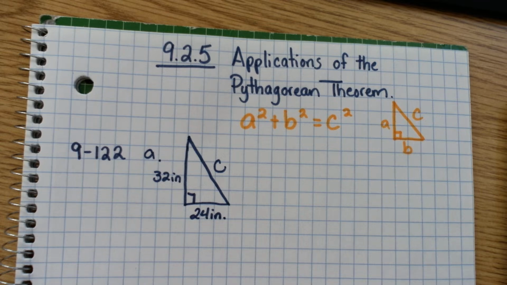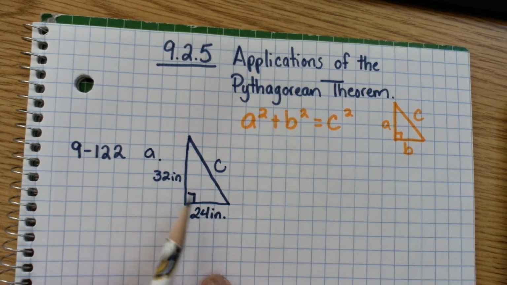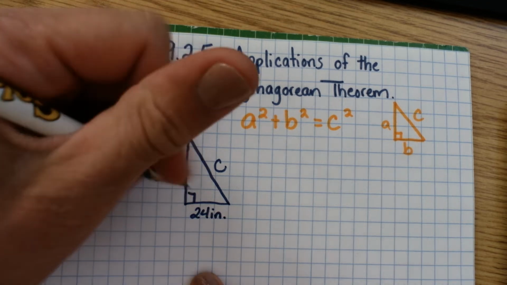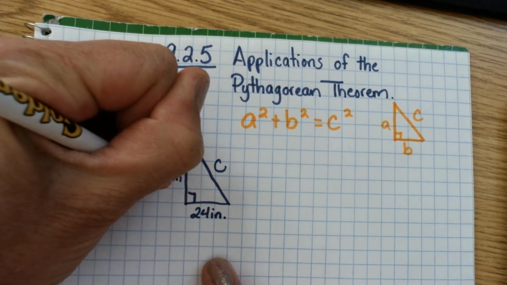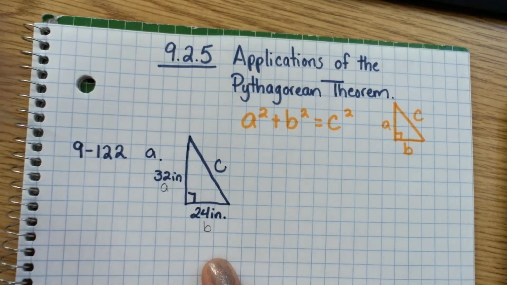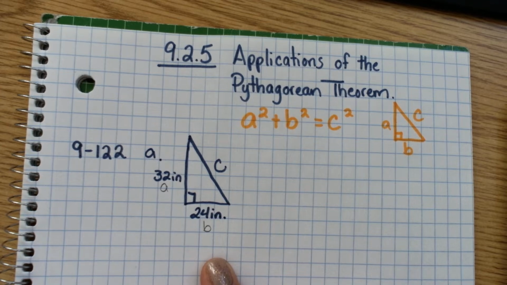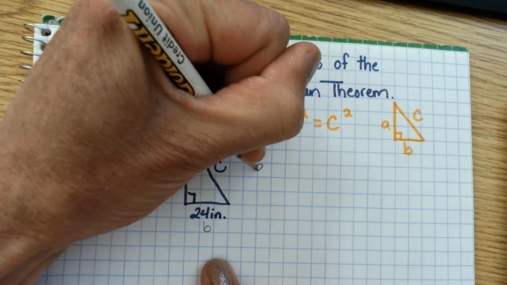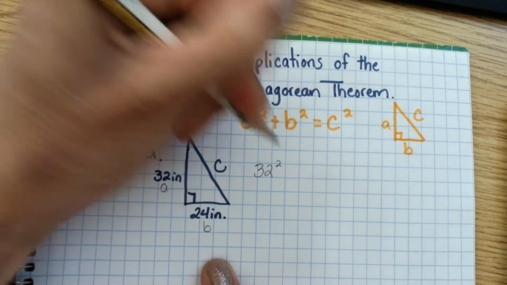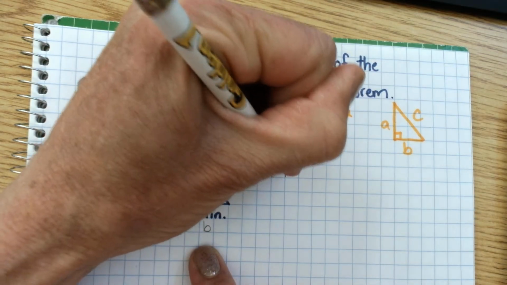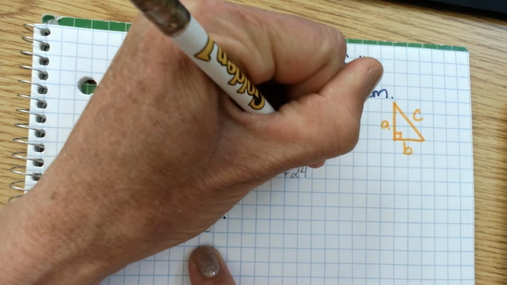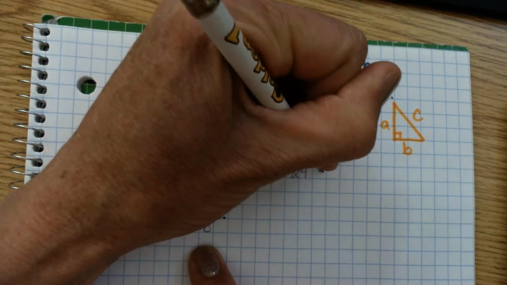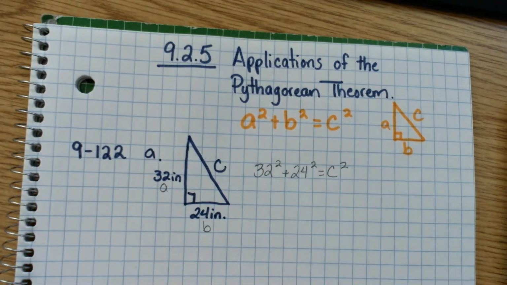All right, let's plug our numbers in to the Pythagorean theorem. The legs, which are the two shorter sides, are sides a and b, and remember it does not matter which one's a and which one's b. I just happened to pick these ones. So I'm going to plug 32 in for a. 32 squared plus 24 squared equals c squared.